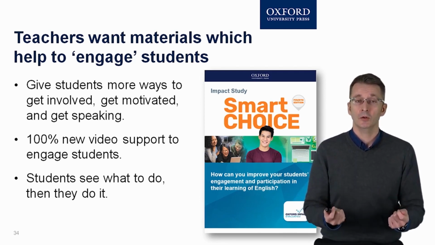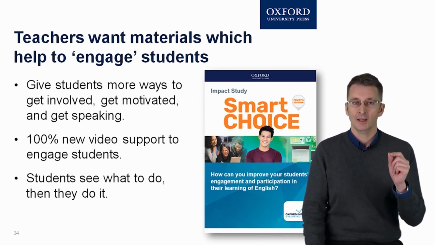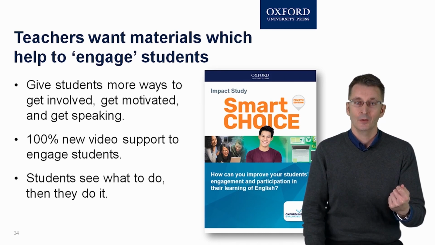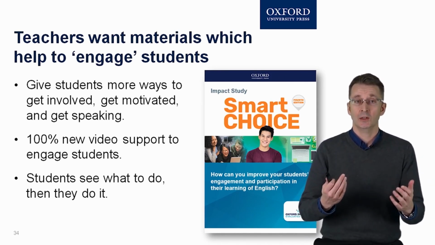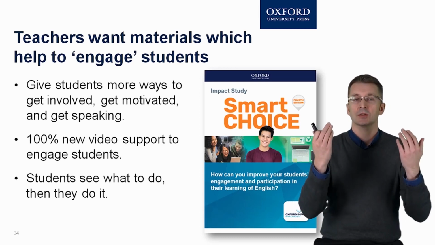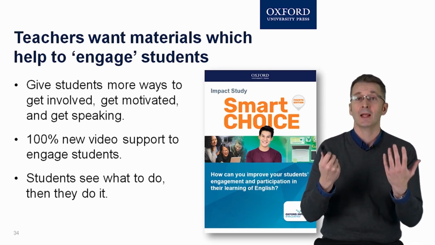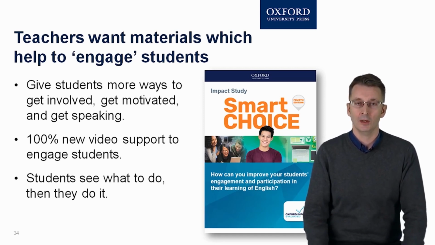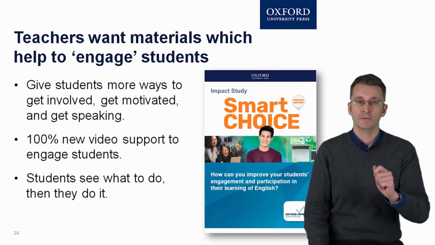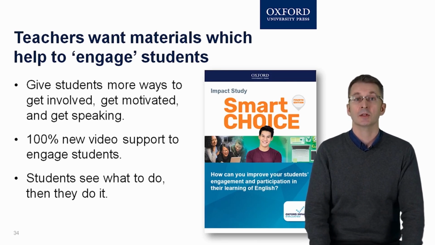That's 100% new, and it's all about engaging students, particularly in getting students to speak. When students watch a video of people having a conversation in English, they not only hear what to do, they see what to do, and then they can do it successfully. So in this video, I'll focus on using video to get students motivated to practice English speaking.